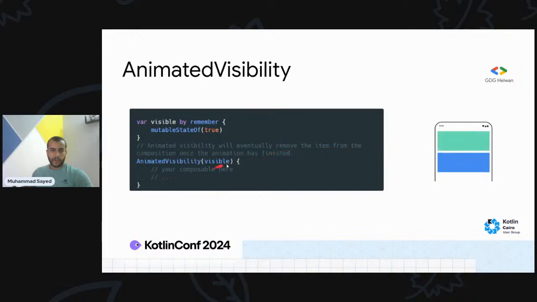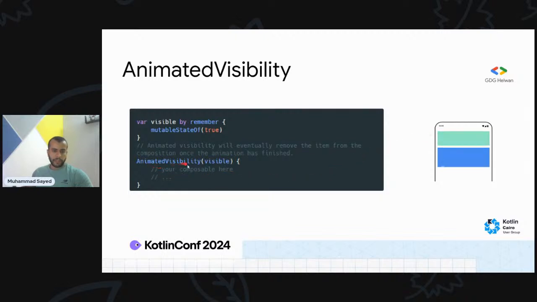Whenever we click on it, we change that variable from, for example, true to false, and this will re-trigger the recomposition of this view. It will get the new value, which in this case will be false. By doing this, we are able to make it invisible, with animation out of the box.